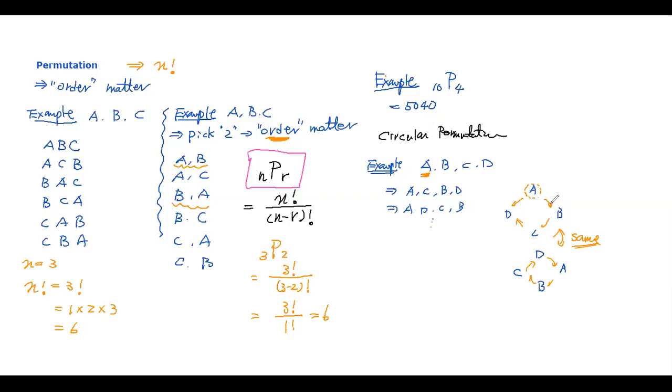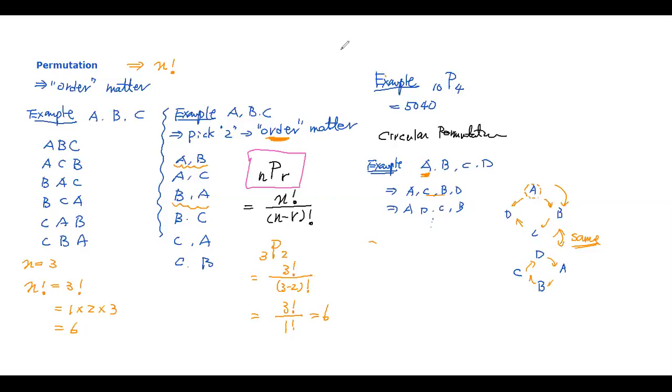Because A is bounded by B and D, so it's just the whole thing turning. Where A sits doesn't matter, as long as the things on the left-hand side and the right-hand side of A are the same, I say they are the same permutation. So I really don't have 4 different positions to arrange.